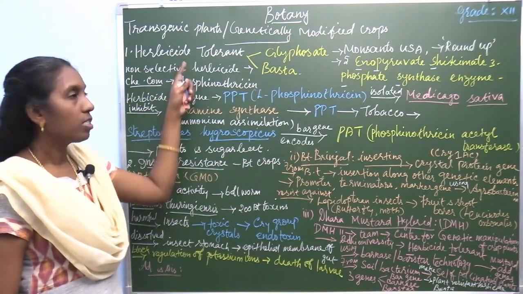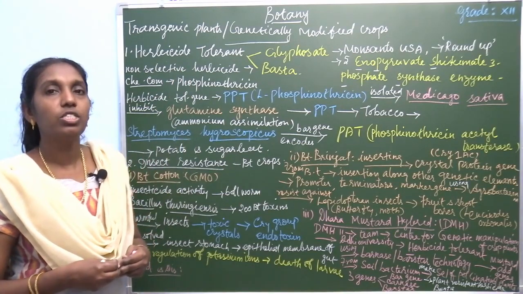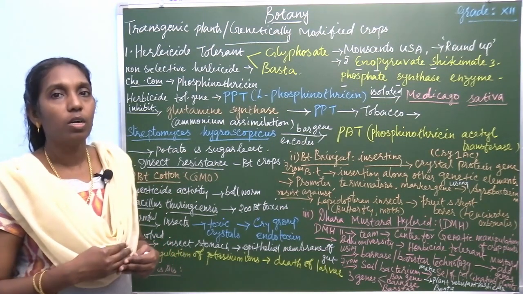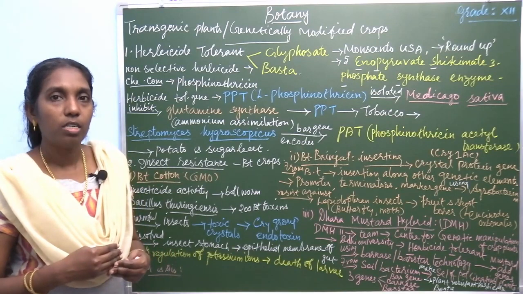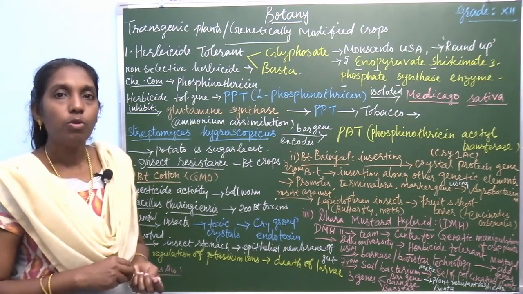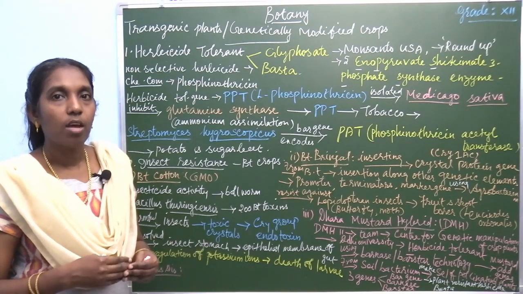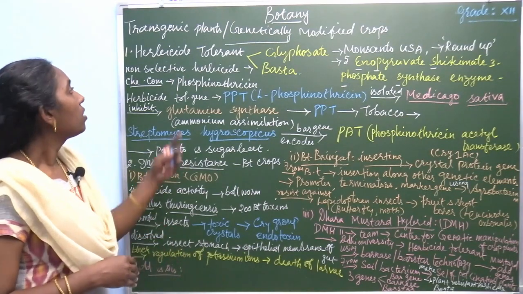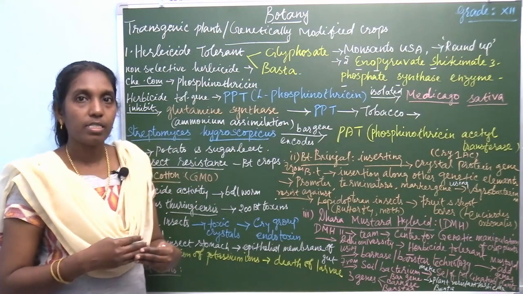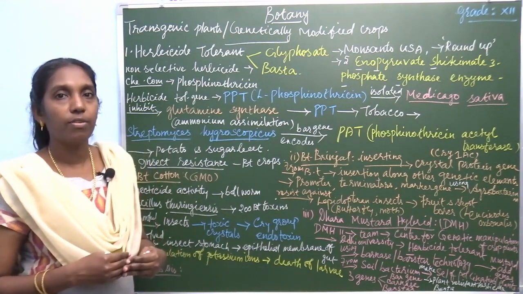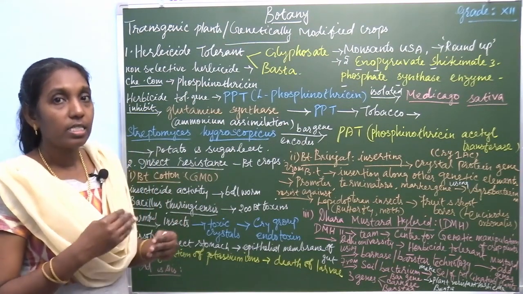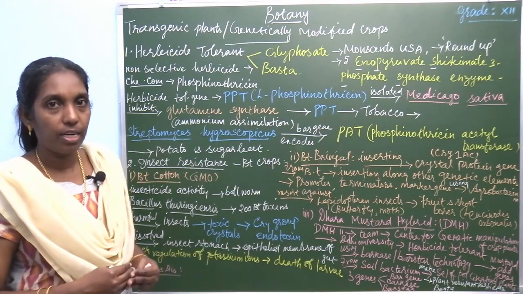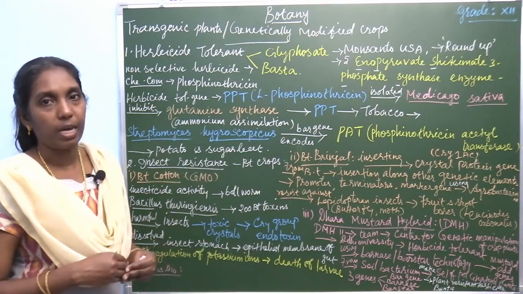The herbicides are the chemical substances which are used to kill or eradicate the unwanted herbs that are called weeds. To eradicate weeds, farmers or plant breeders apply herbicides. When they are applying herbicides, these herbicides not only affect the weed, they also affect the crop plants.